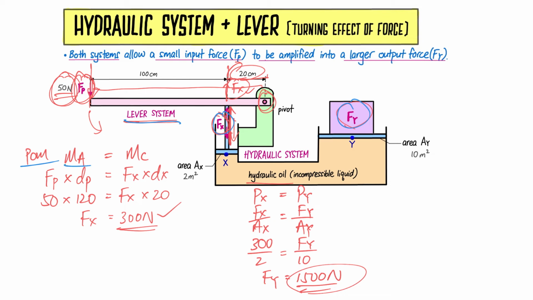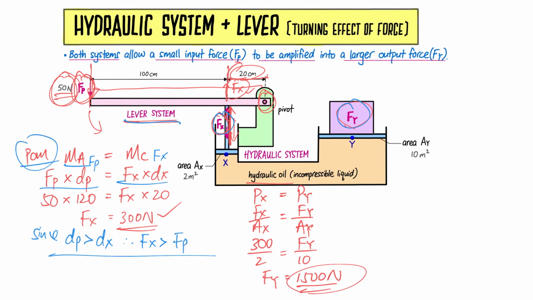Since the anti-clockwise moment due to Fp is equal to the clockwise moment due to Fx, and since moment is force times distance and both sides are the same, since the perpendicular distance dp is much greater than the perpendicular distance of force x at dx, therefore the force at x has to be greater than the force at p. So just use the relationship to help you to explain.